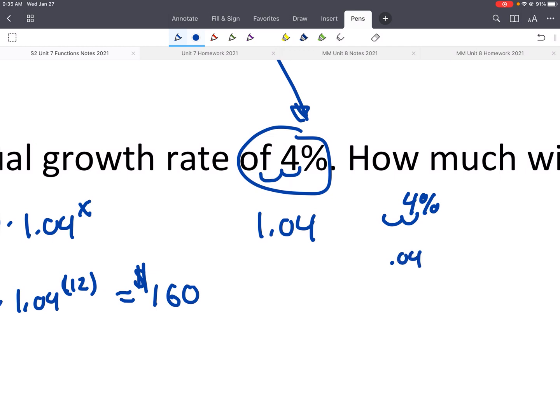And then since it is growth, it's going to need to be 1.04. You can always check and go backwards. To go back to the percentage, you could do the same thing. It's a difference from 1, so I'm going to do 1.04 minus 1, which gives you 0.04, and then I'll move my decimal over twice to give me 4%. So you can always go back and make sure you got it right.